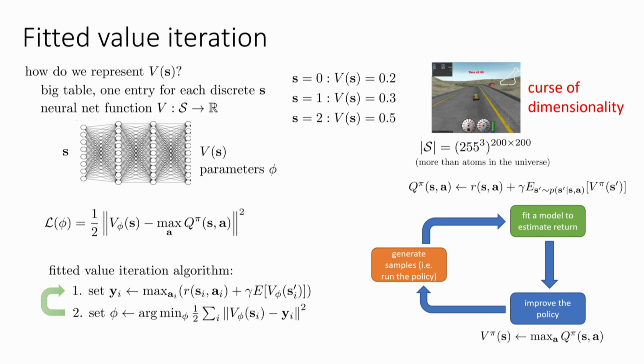Question, yes? So let's say we didn't want to use a neural network. Is there a way to skip the table and maybe approximate it with a polynomial function or something else? Yeah. So the question is, can we approximate it with a polynomial function or something else? V subscript phi can be any function approximator.